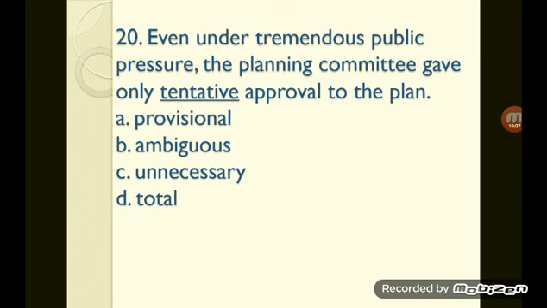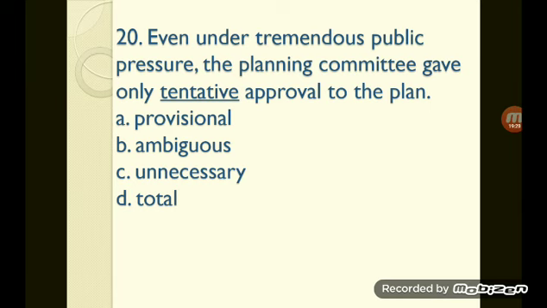Sentence number 20. Even under tremendous public pressure, the planning committee gave only tentative approval to the plan. So, see, even under pressure, the planning committee gave only tentative approval. So it is something which is keeping them away.